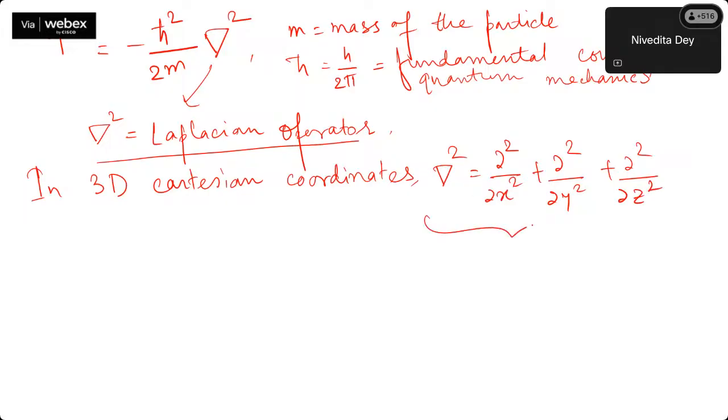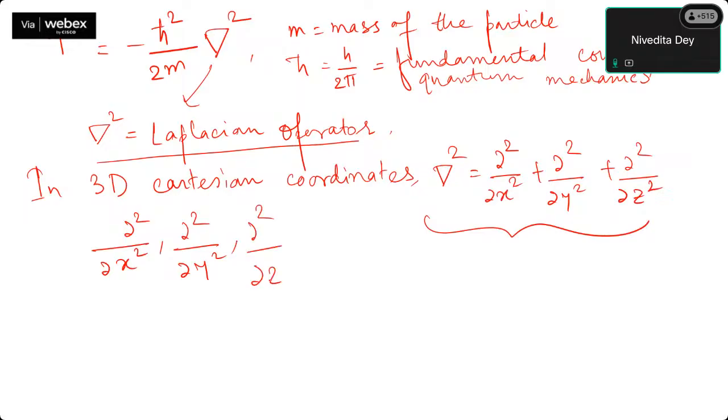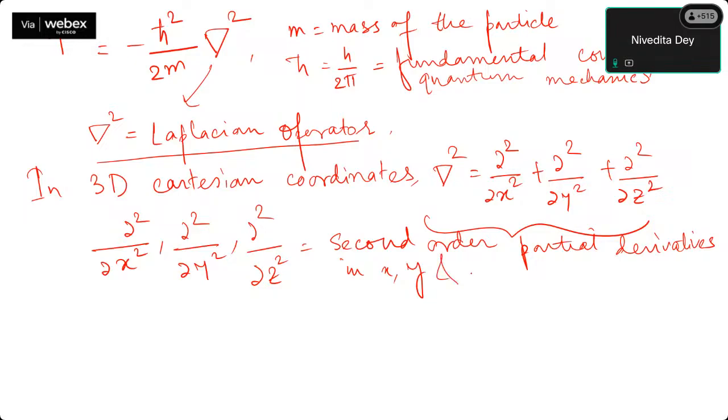Okay. So del square del x square, del square del y square, del square del z square are the second order partial derivatives in x, y, and z coordinates respectively.